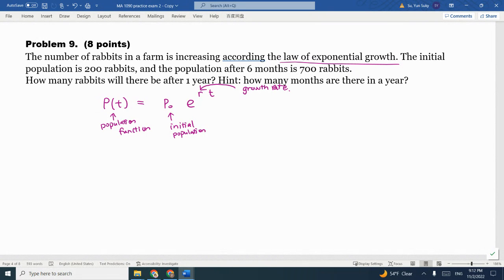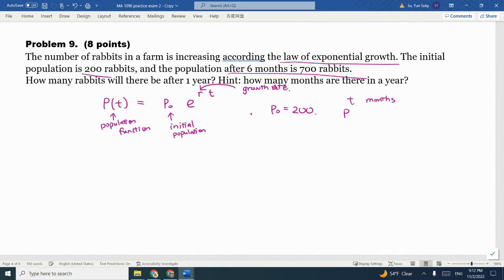Oh, and the problem tells us that the initial population is 200 rabbits. So P0 is 200. And the time has the unit months.